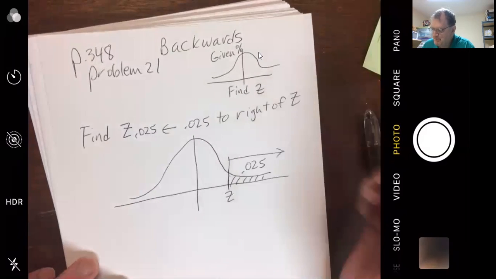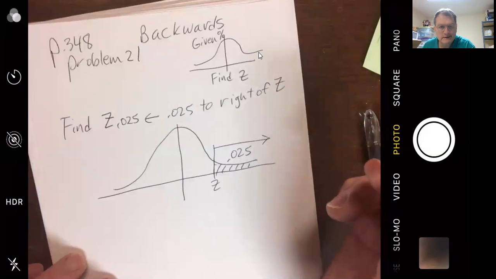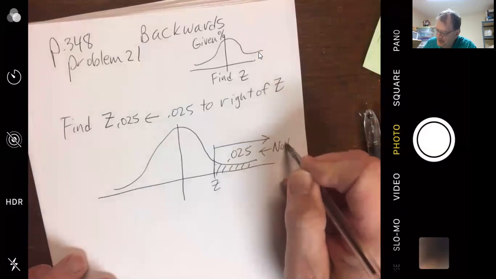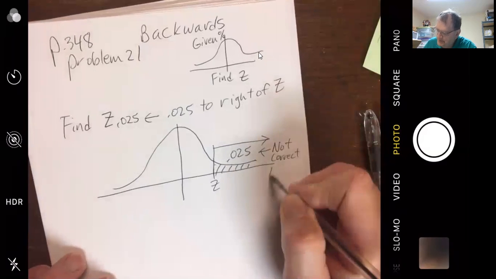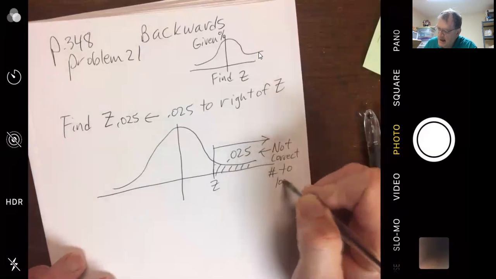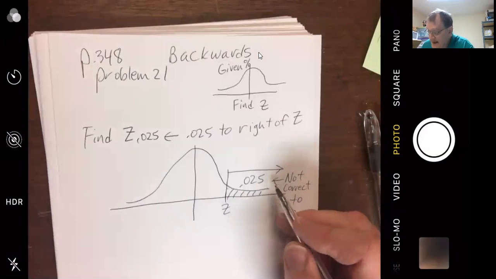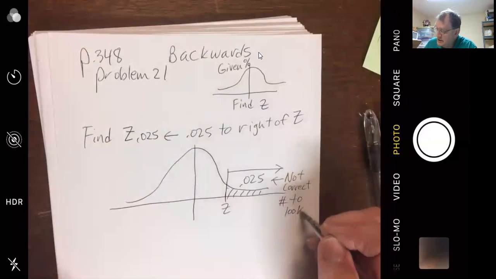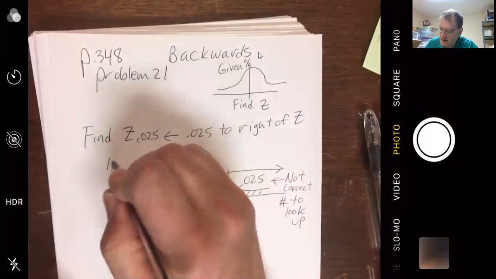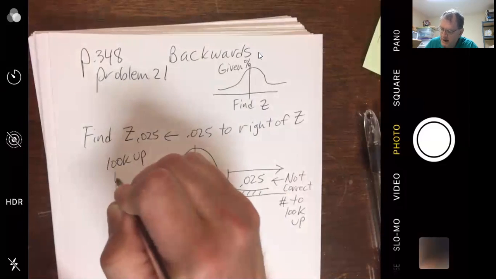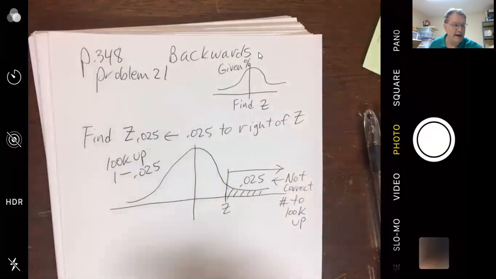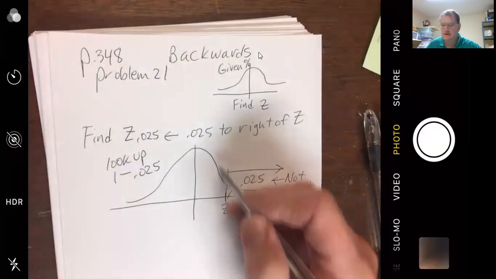If you look up 0.025, you will get a negative Z because it is assuming 0.025 on the left. Look up 1 minus 0.025. The table works off the area of the black, so the black is always left. That's what the table does.